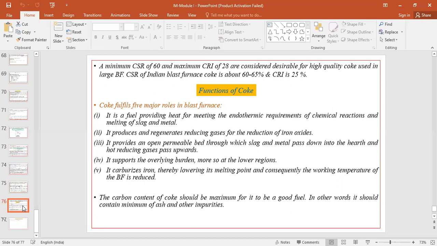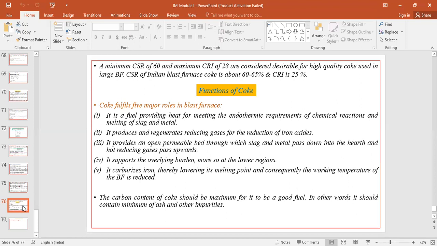Not only that, to melt the slag or metal, the carbon present in the coke will be very helpful. It produces and regenerates reducing gases for the reduction of iron oxides.